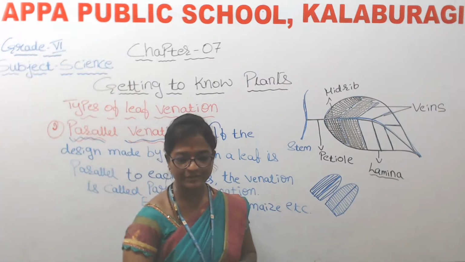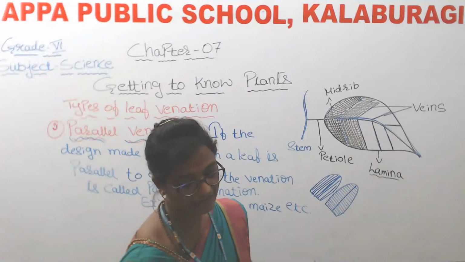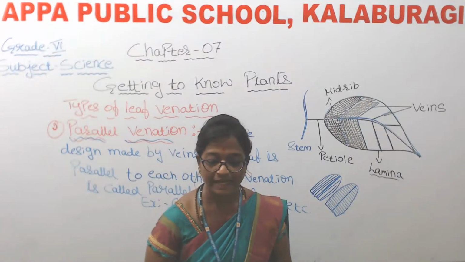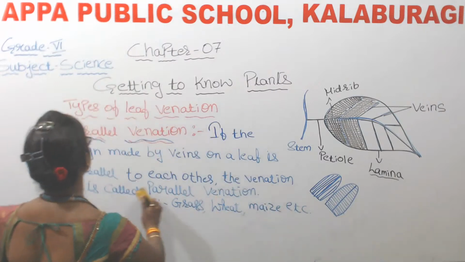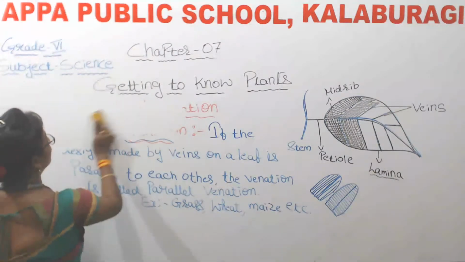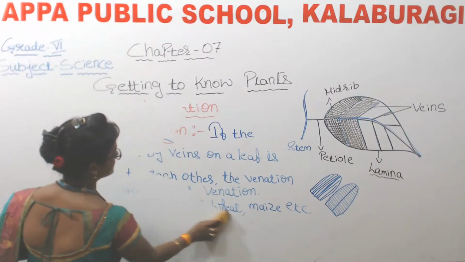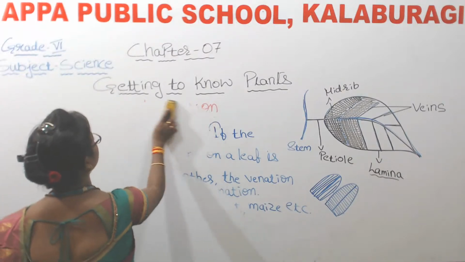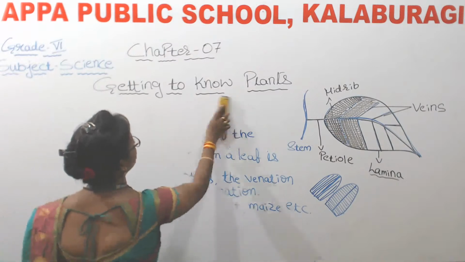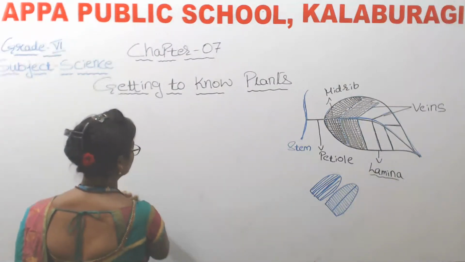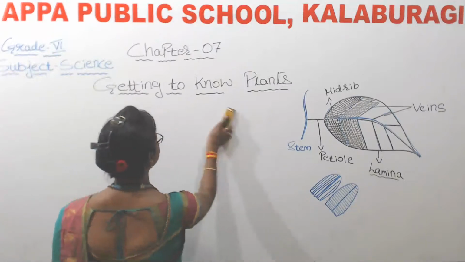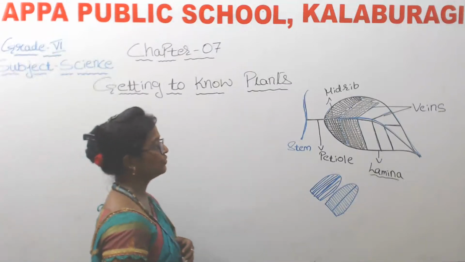Once again I'll repeat, children. What do we mean by reticulate venation? If the design is a net-like structure on both the sides of a midrib, then that venation is known as reticulate venation. The examples are rose plant, peepal tree, mango tree, and so on.